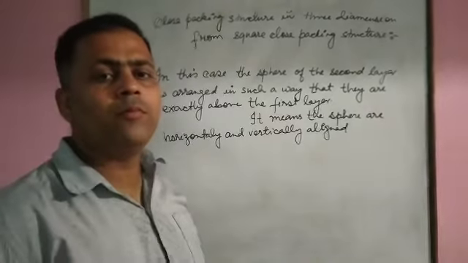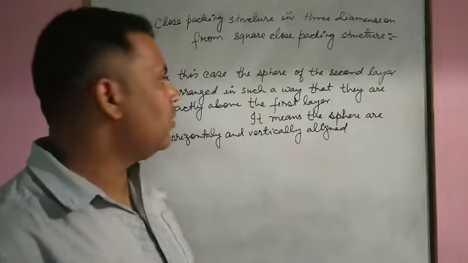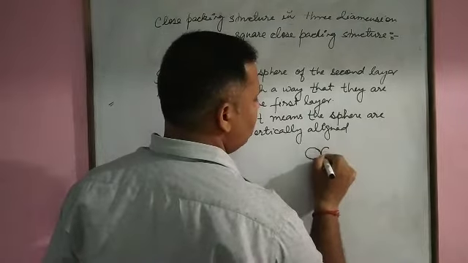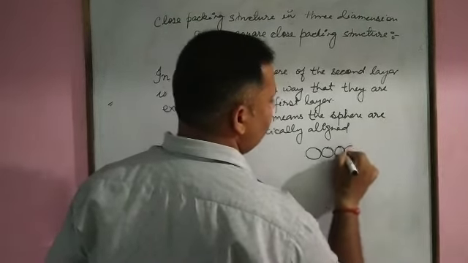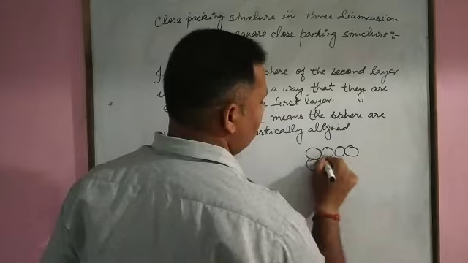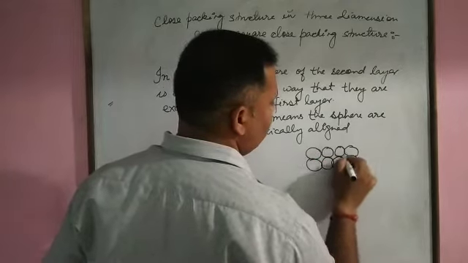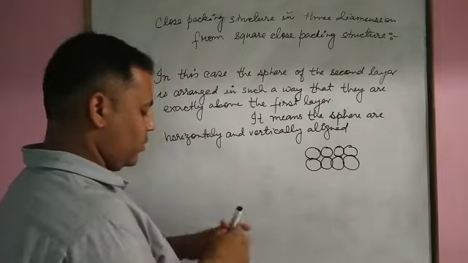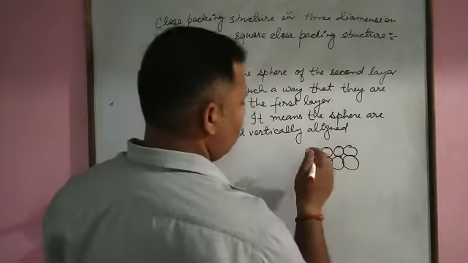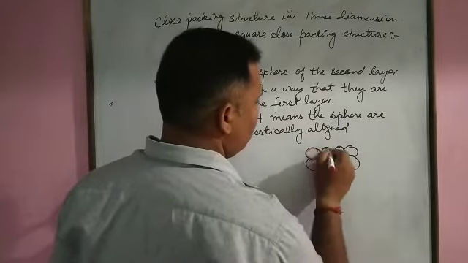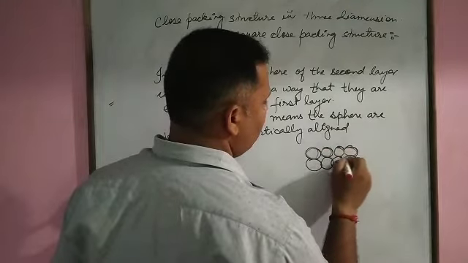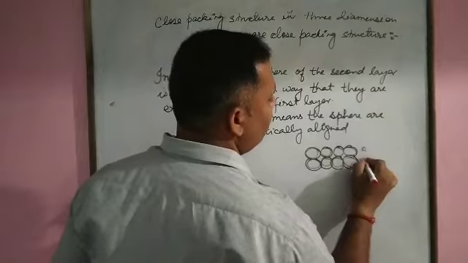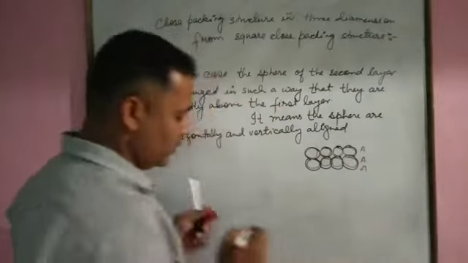What do they form? If we see the arrangement, then what do we see? 1, 2, 3, 4. The next layer is just above it. Then what is the arrangement? It is of AA type arrangement.